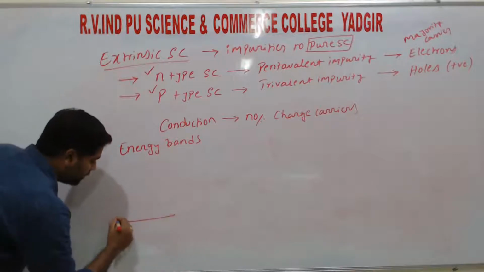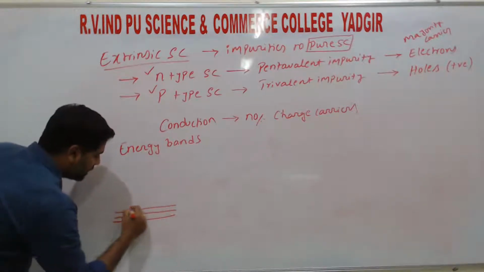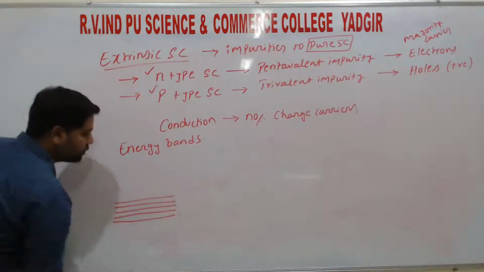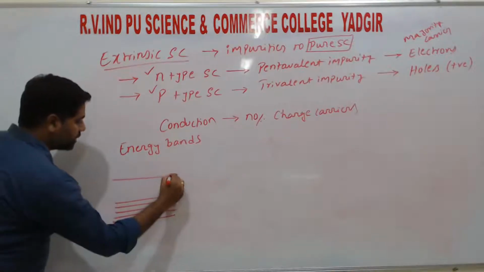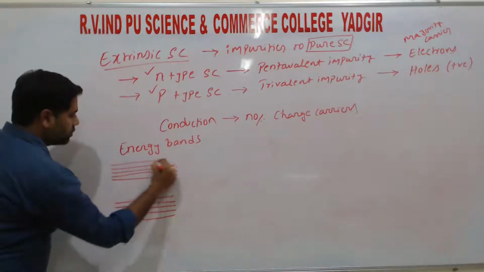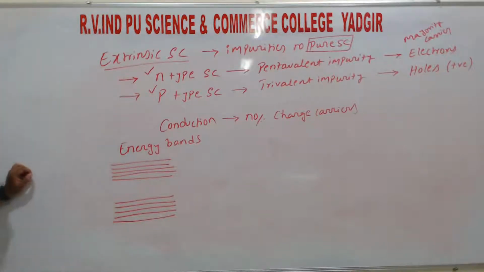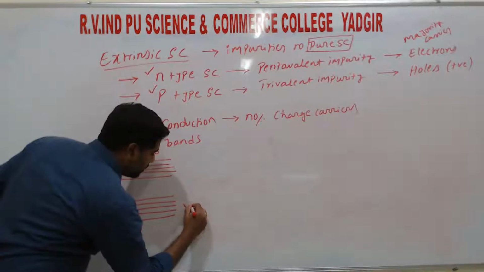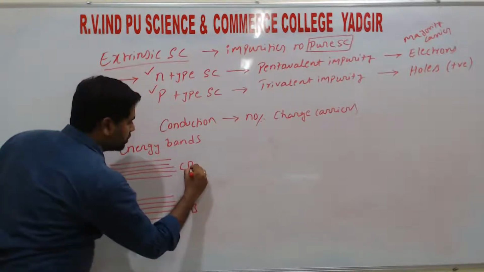We have the energy levels. This one is the valence band, and here we have the conduction band.